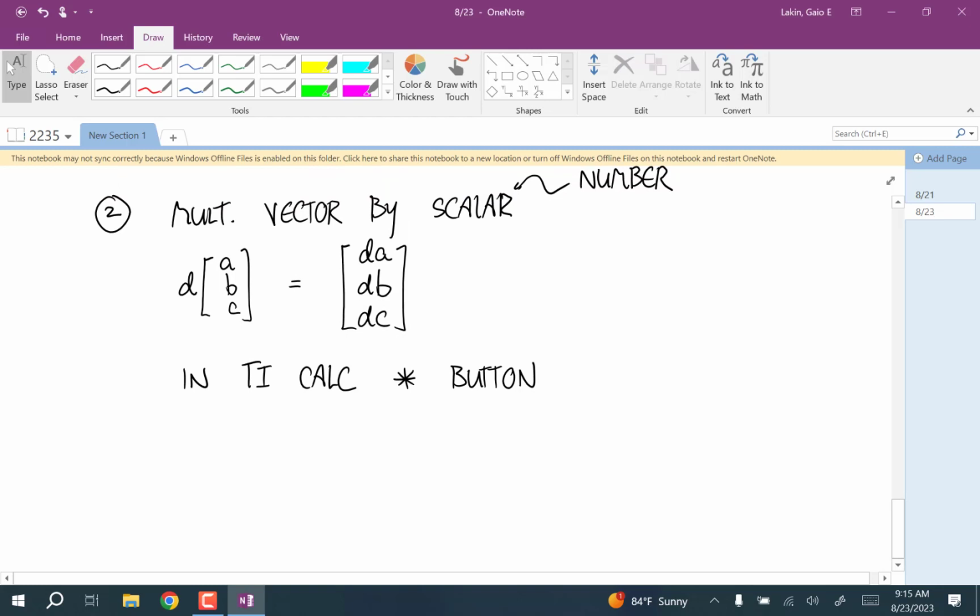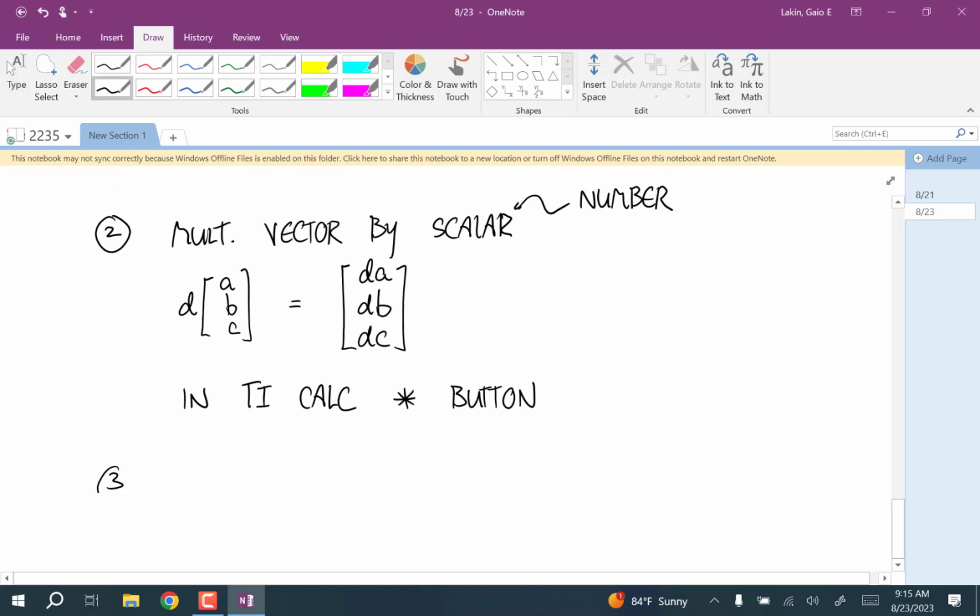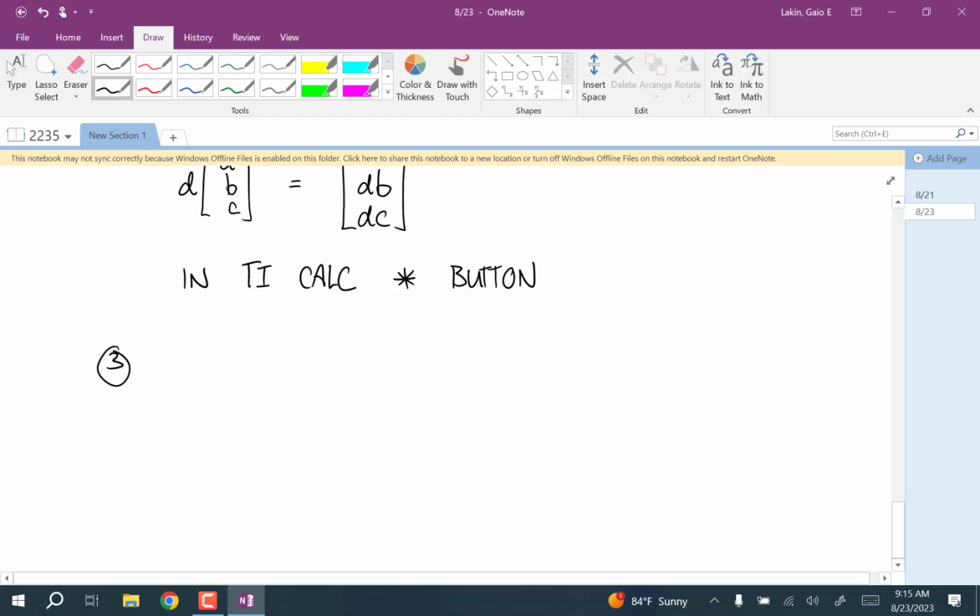To calculate the magnitude of a vector, that's just the Pythagorean theorem.